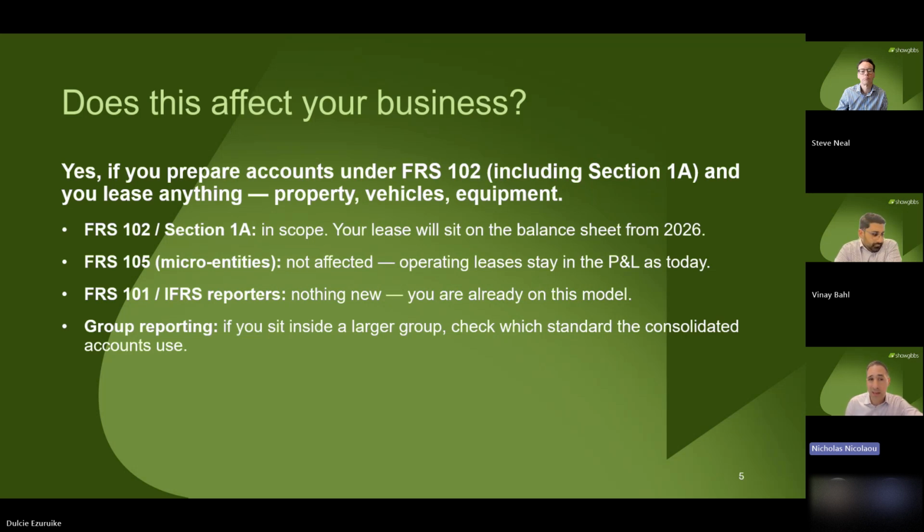If you're a micro entity, you're not really impacted, so you still prepare your accounts as you currently do. So rent goes through the P&L as normal. For FRS 101 and IFRS, you should already be used to this, so there's no real change for you. And with groups, you're going to have to start thinking about it if you've got a group that prepares under 102.